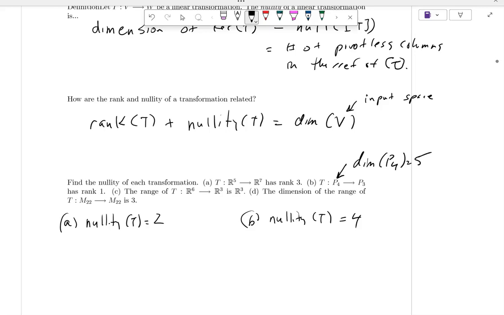A little bit trickier. Okay. So the dimension of your P4 is 5, so that's why the nullity has to take up the rest of the spots, if you will. For your nullities, whatever the dimension of the domain is minus the rank. Yeah, that's right.